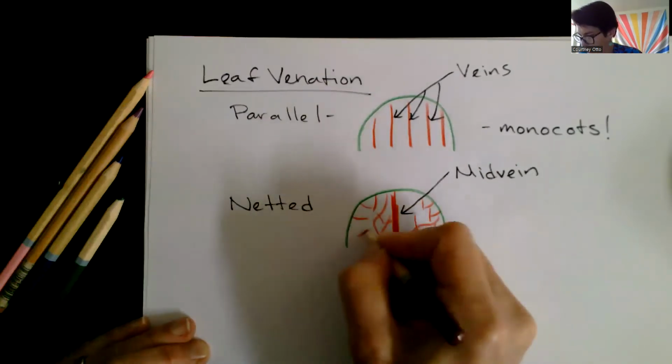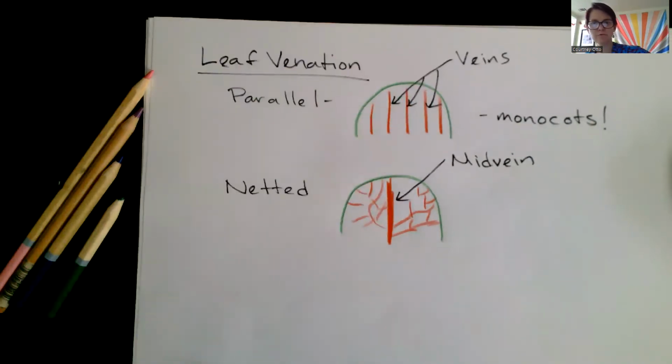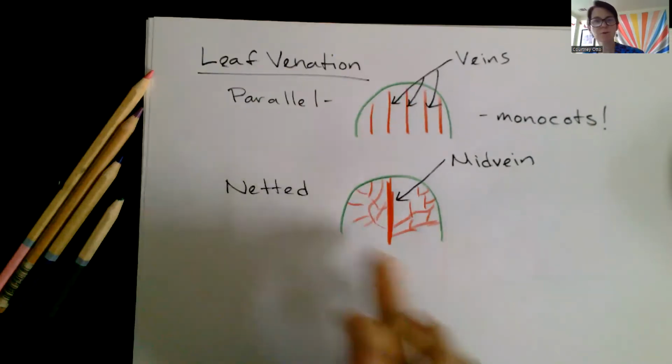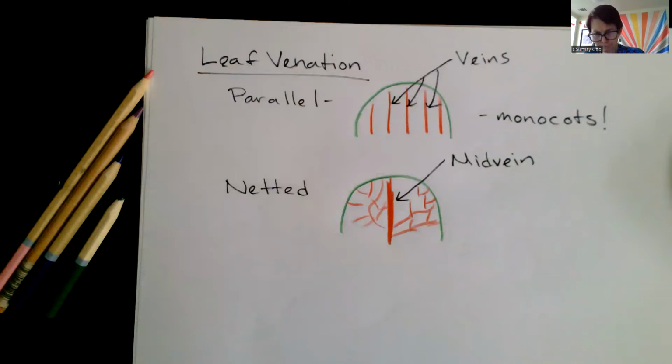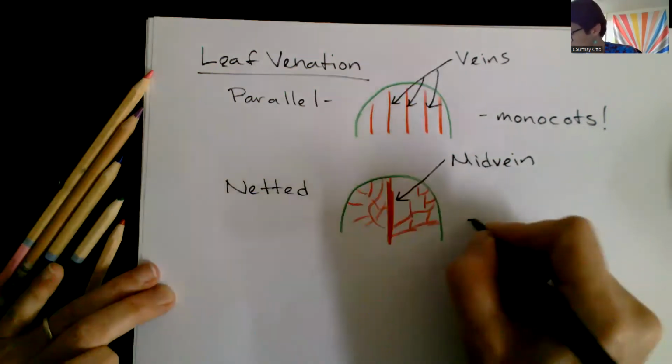So I'm sure you've seen this before out there in the world, right? We've got this highly branched network of veins running through the blade. And it turns out that this venation pattern, a netted venation pattern, is going to be characteristic of our eudicots.